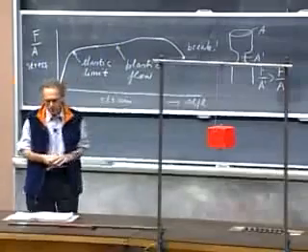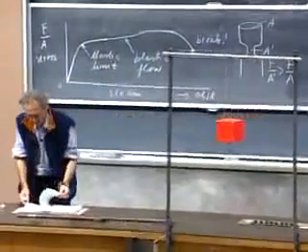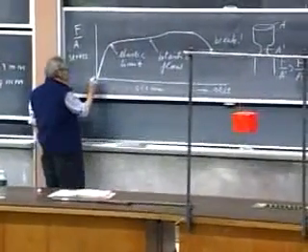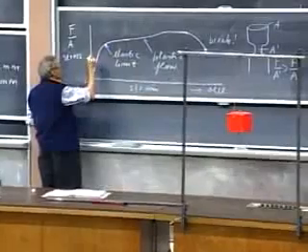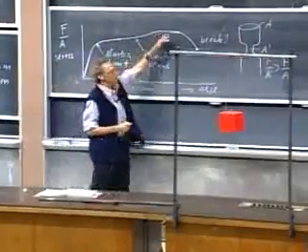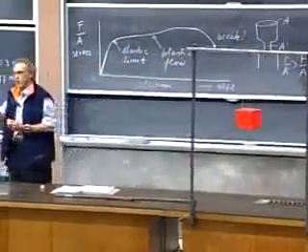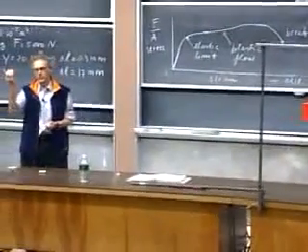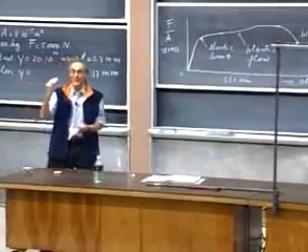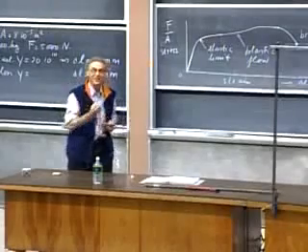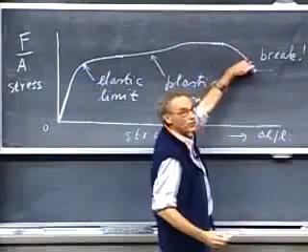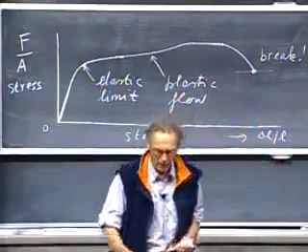And there are machines specially designed to test these metals, and what they do is they go up in very small steps of F, and so they trace this whole curve. But by the time they get into the plastic flow area, before they increase the force, they decrease it first. And if delta L gets larger when they decrease it, they continue to decrease it. And so that's the way that they can map out also this portion. But we will not be able to do that.